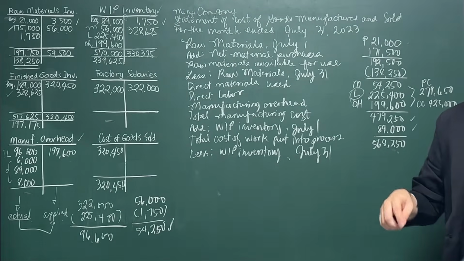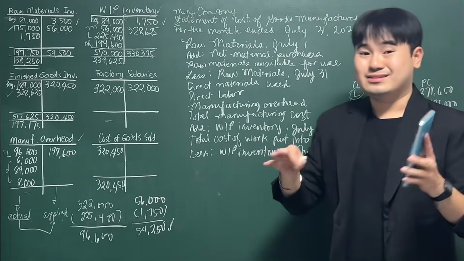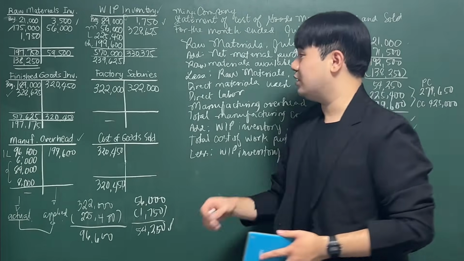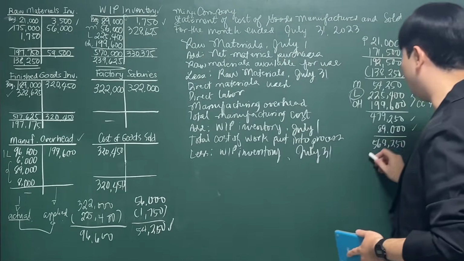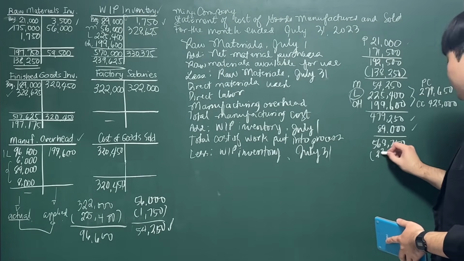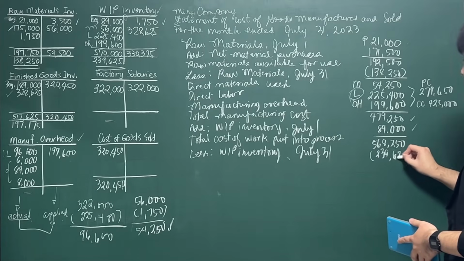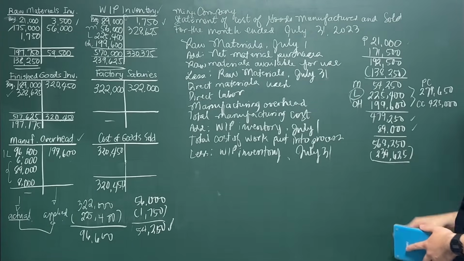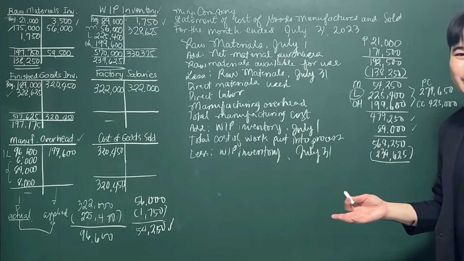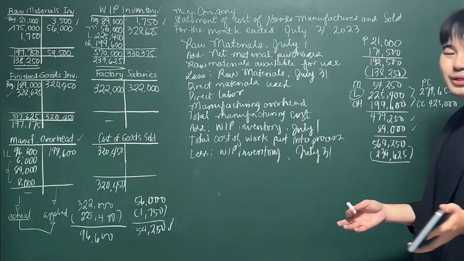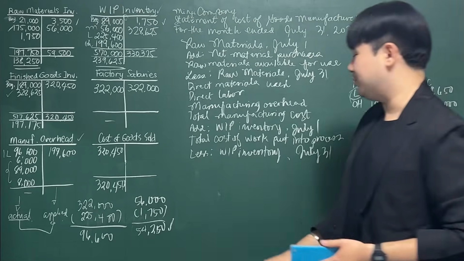So at the end of the month, what is left that is not yet finished in the production process is 239,625. So we deduct that. Okay. The difference between the two is basically completed goods. Cost of goods completed during the month, or what we call your cost of goods manufactured.